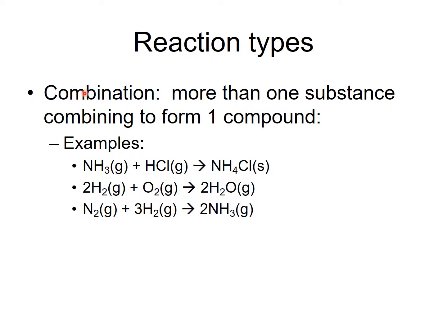A combination reaction is when more than one substance combines to form only one compound. There are some examples. Notice here we have NH3 gas and HCl gas, two reactants, one product, a combination reaction.